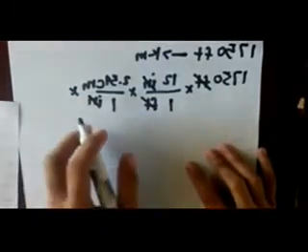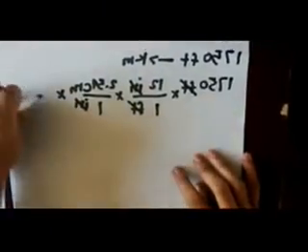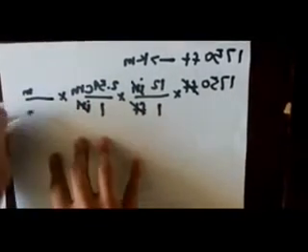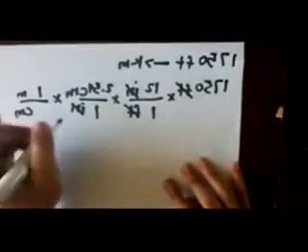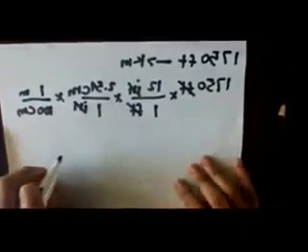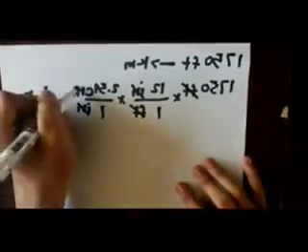To cancel the centimeters, we use meters over centimeters. In 1 meter, there are 100 centimeters. After this, we can now cancel centimeters.